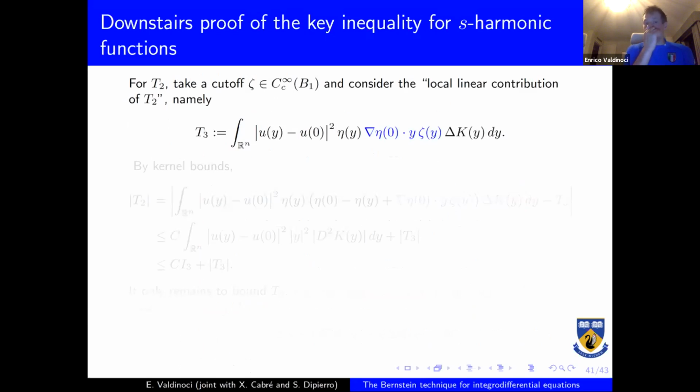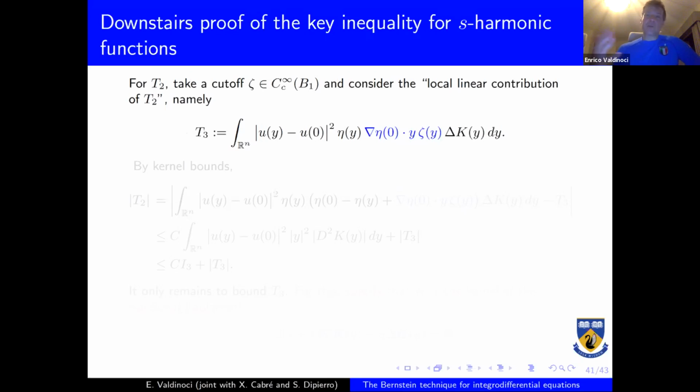So for T2, the situation is a little bit more tricky because one wants to better exploit the cancellation near the origin. So one has to introduce a new cutoff function zeta, which somehow localizes T2 near the origin at the price of introducing an additional T3.